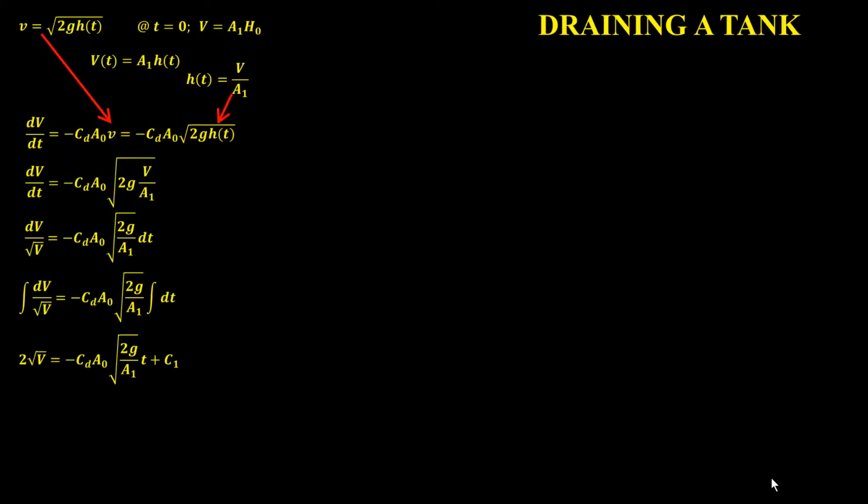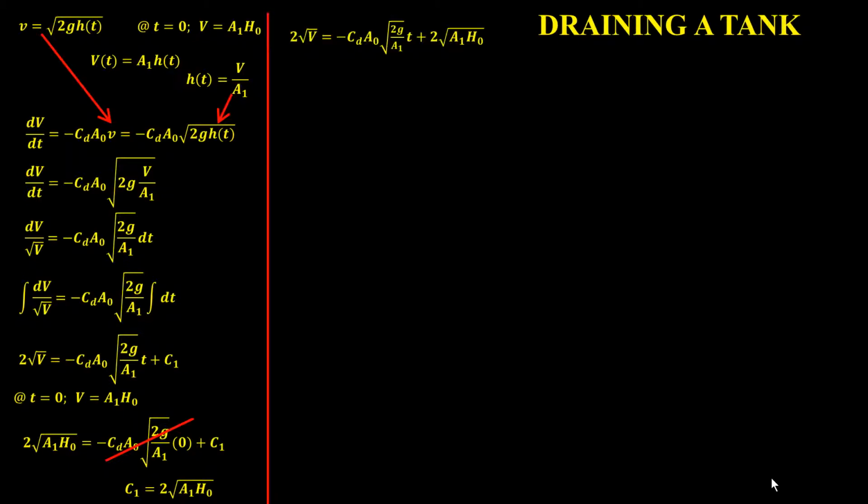Then to find the constant C1, at time equals 0, the volume is A1H0, so we plug that in, and we get the constant C1 is equal to 2 root of A1H0.